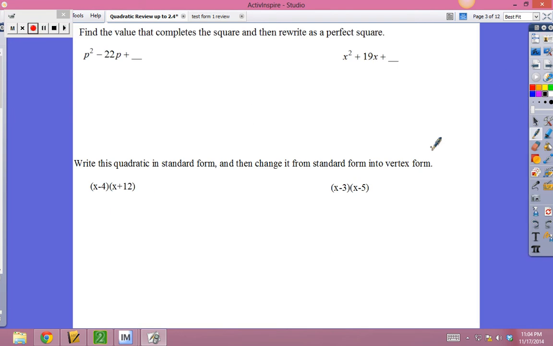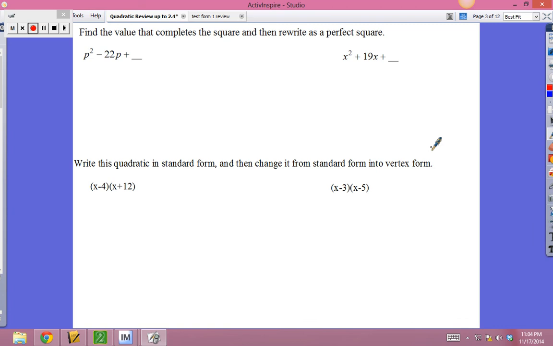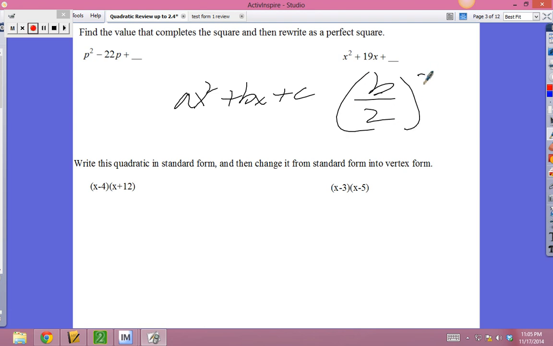Okay, speaking of squares, can you create your own perfect square? So if you had a number of your choice, what would you put here? And the formula says so if you're looking at ax squared plus bx plus c, you look at b, you look at the middle, you cut it in half, you divide it by 2, and then you square that. So negative 22 divided by 2 is a negative 11.